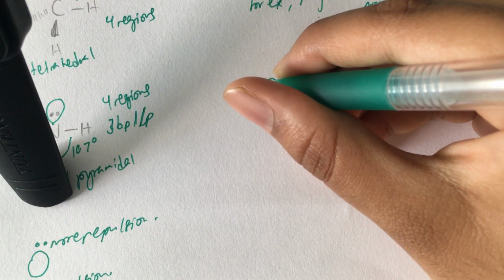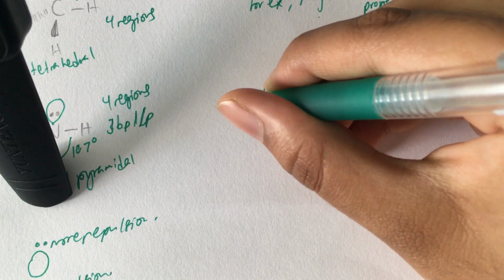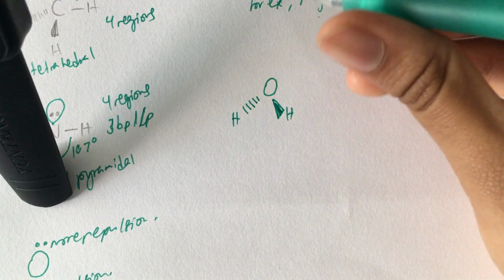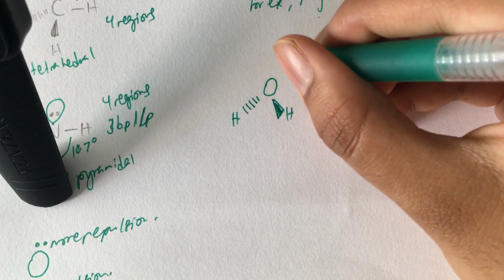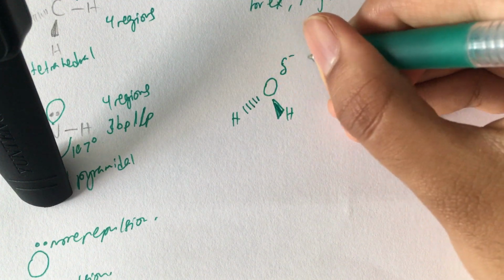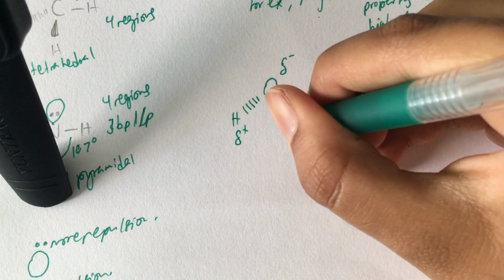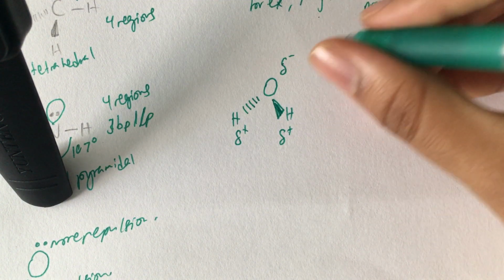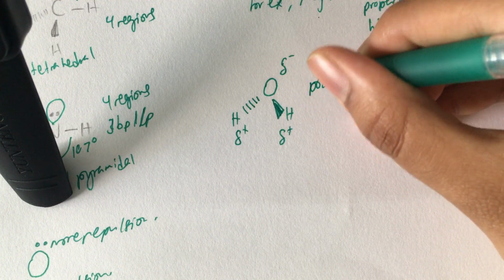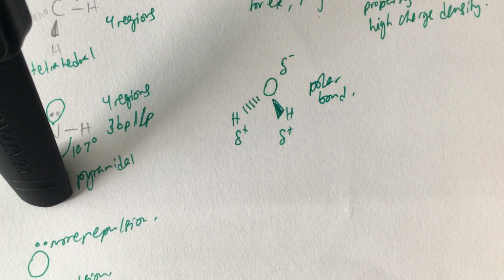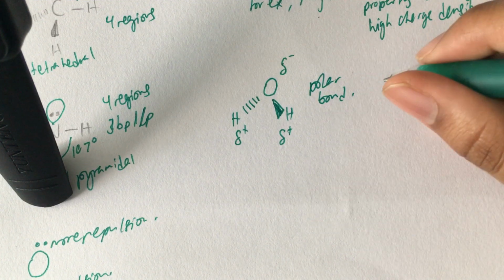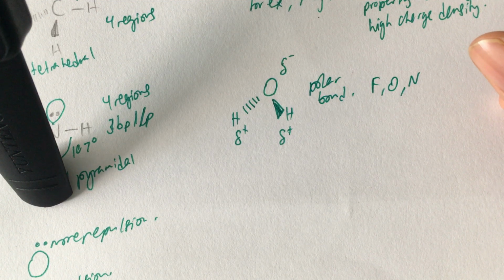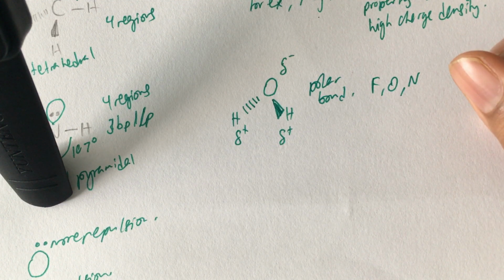Anyway, if the electronegativity difference is high enough, you get a pretty polar bond. It's not ionic yet, it's still a covalent bond but with ionic properties. Polar bonding usually occurs with the most electronegative elements, F, which is fluorine, O, which is oxygen, and N, which is nitrogen. So FON.